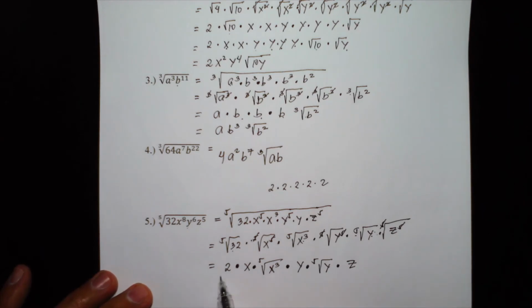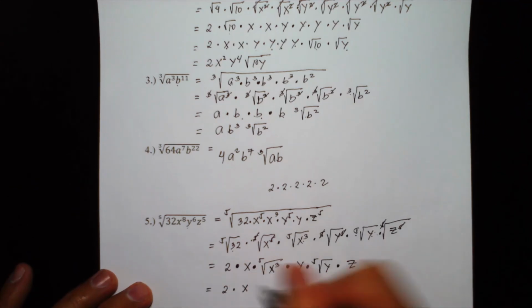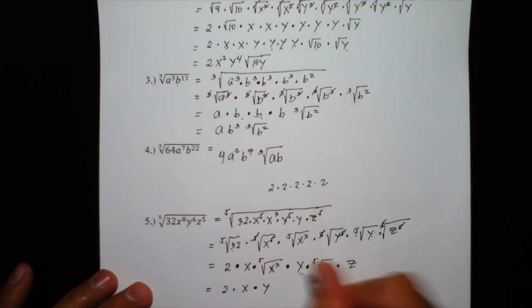Let's arrange by term, combine like terms. We have 2 multiplied by x. I'm just arranging those that have no radical sign. So we have multiplied by y and multiplied by z.